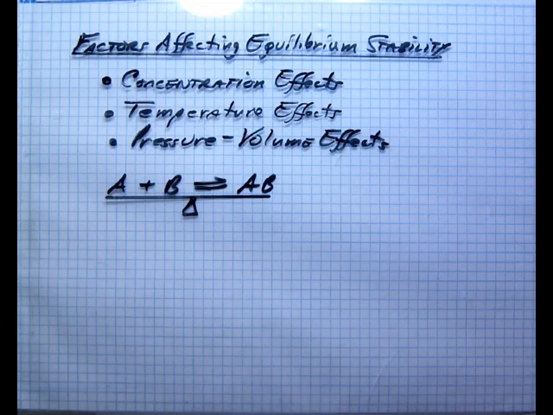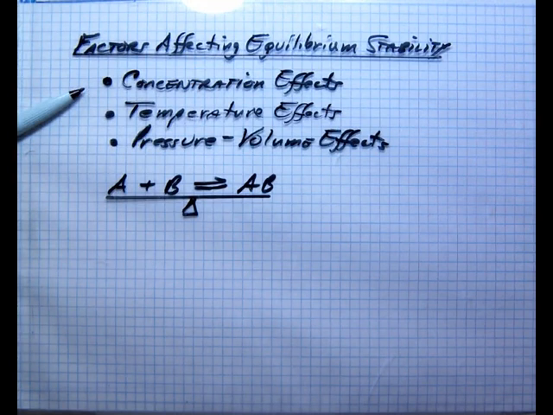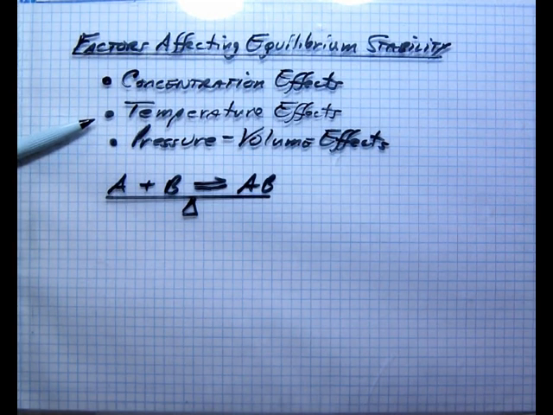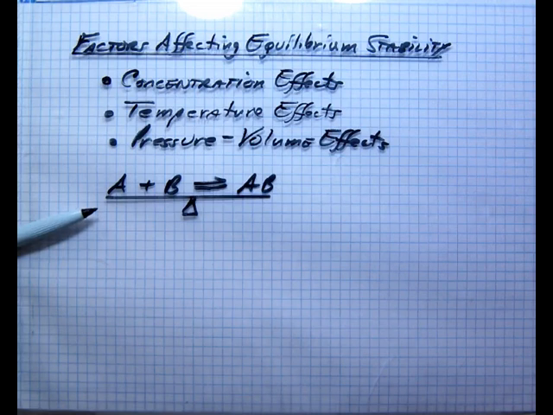And while it's level, it is, of course, at equilibrium. The issue is, how does changing concentrations on the reactant and product side affect the equilibrium balance? If we heat this or cool it, how does that affect the equilibrium balance?